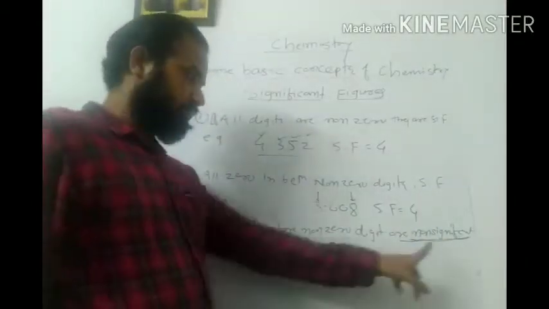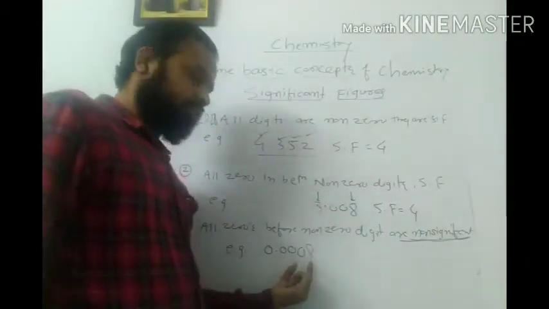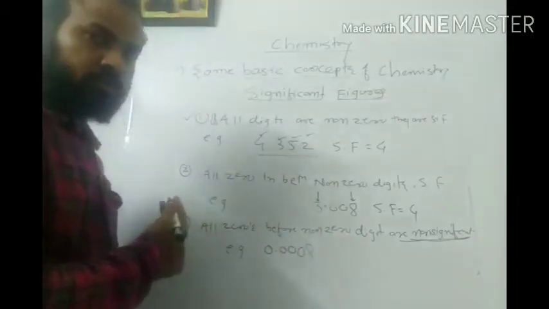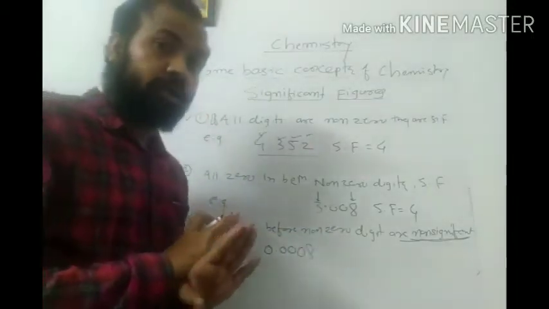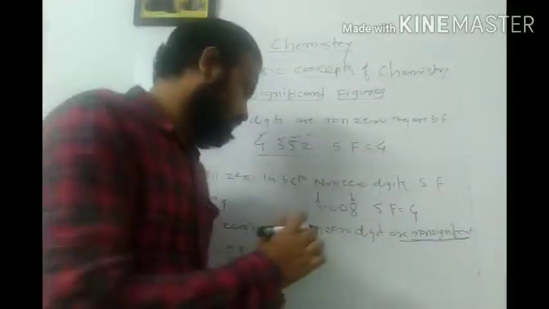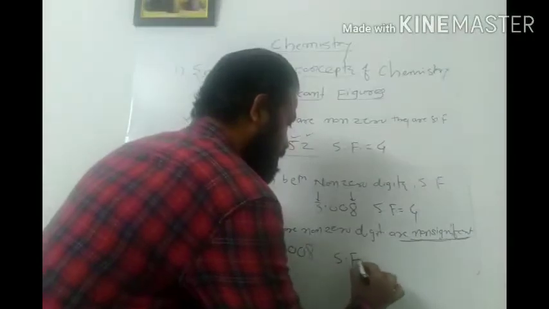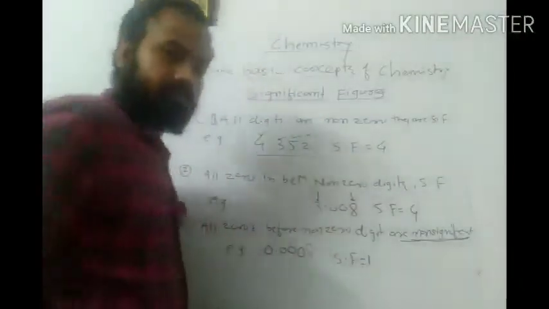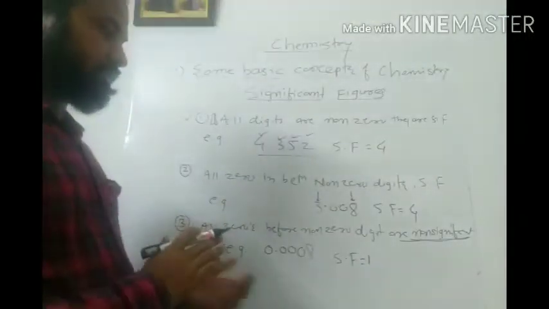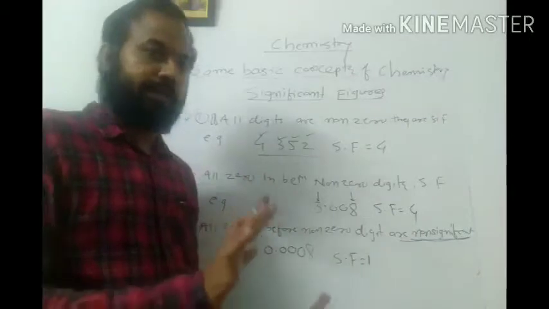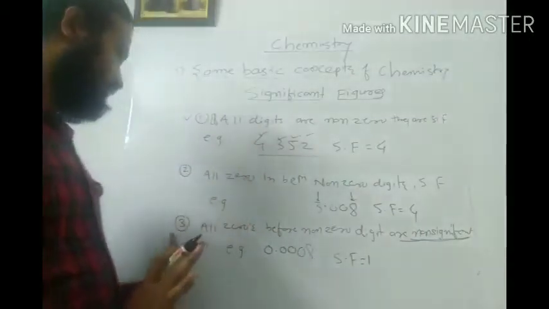We have to be careful here: if zeros are before the non-zero digit, we don't consider them while writing the significant figures. So the significant figure for this number is only 1. This is most important. That is what the rule says.